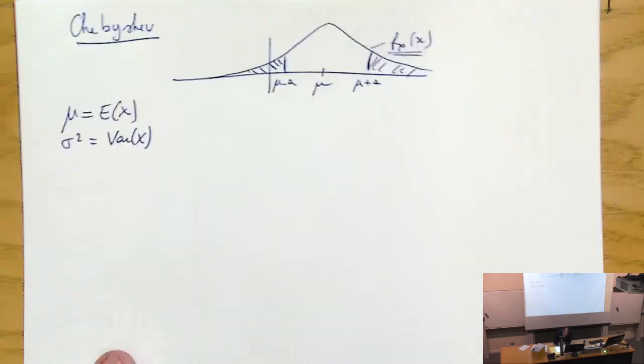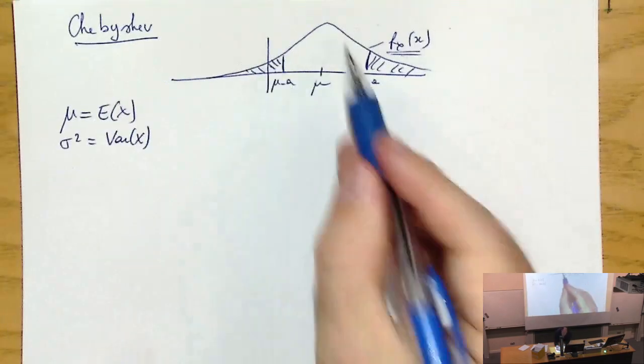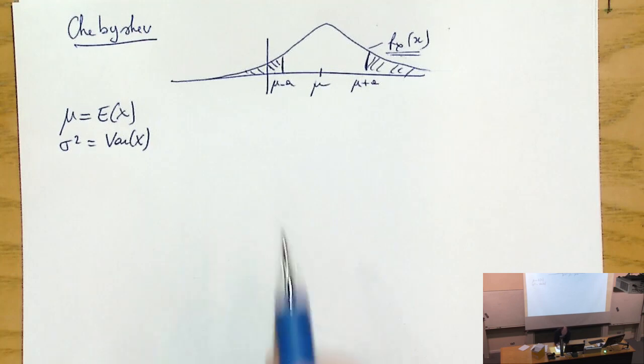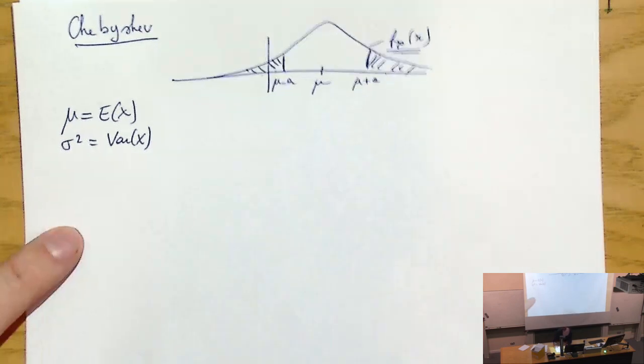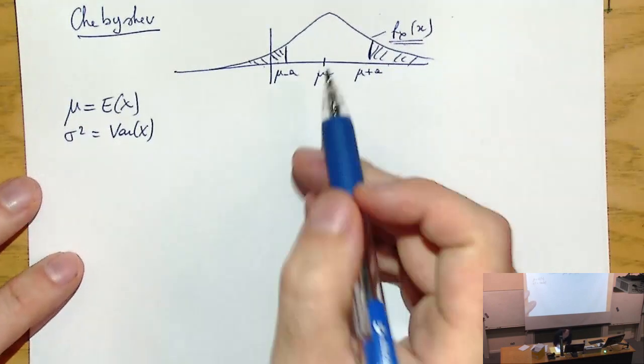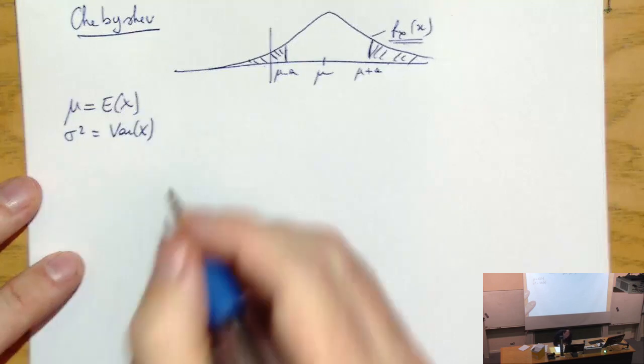So you may know the mean and the variance, but you do not know the exact distribution. You don't know whether it's normal distributed, exponentially distributed, or uniform distributed, but you still want to say something about this area.